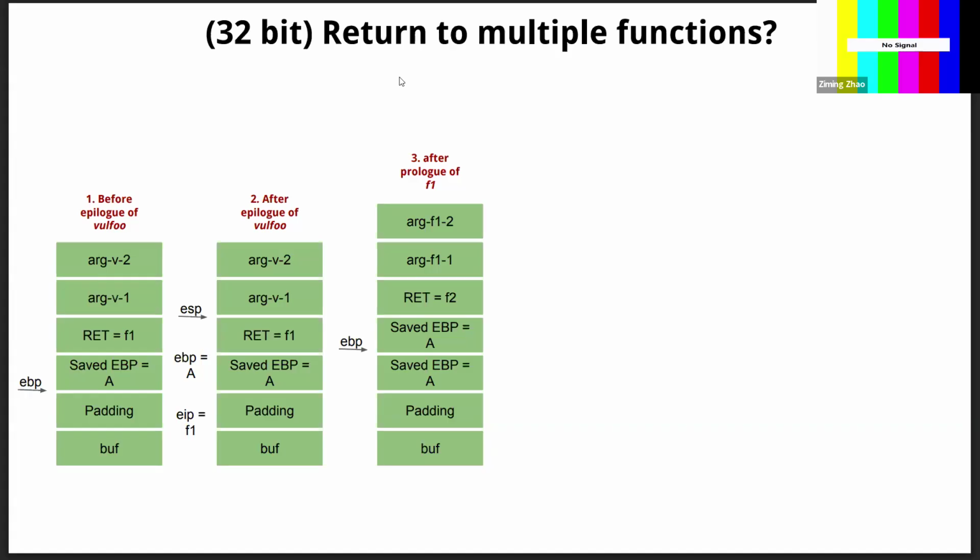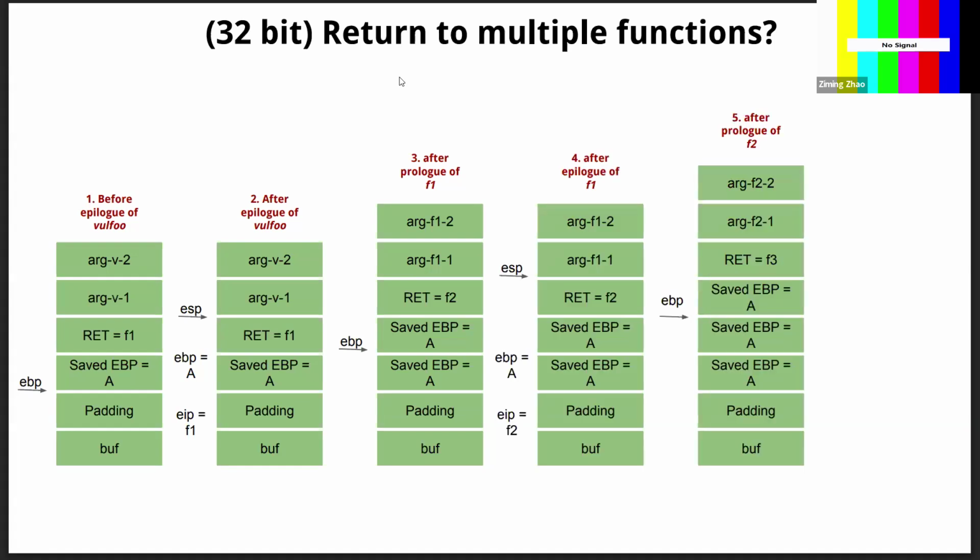The second function we want to return to, we can put the address 4 bytes higher, and they will not overlap with each other. The first function we return to, its parameters can be here. It will use this one as its first argument, this one as the second parameter. Then F2 we want to return to, we'll consider this one as its first argument and do not use this one, obviously. Right? So by using this approach, we can at least chain 2 functions in this way.